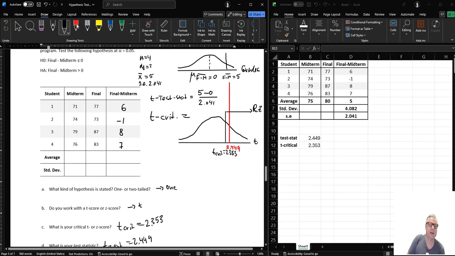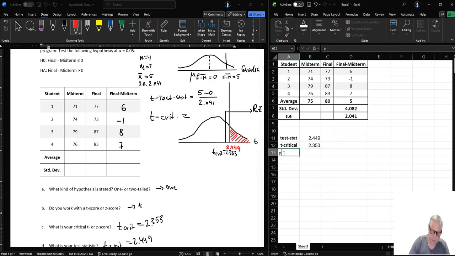Well, the remaining uncertainty is that we need to find this area to the right. That is the p-value. The probability that we made a type 1 error, p-value. And this is the area to the right of our test statistic. So we will do T.DIST, open parentheses, and because I need the area to the right of 2.449, I can say minus, and then I click into the cell where you see the 2.449, it makes it negative.